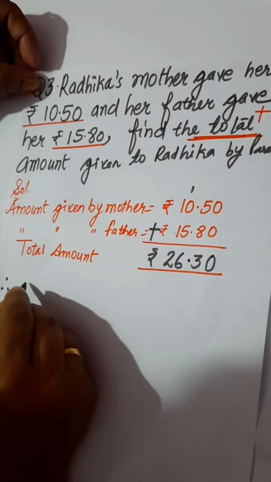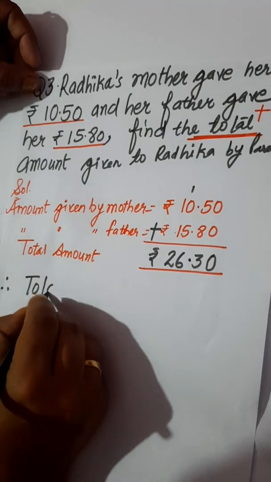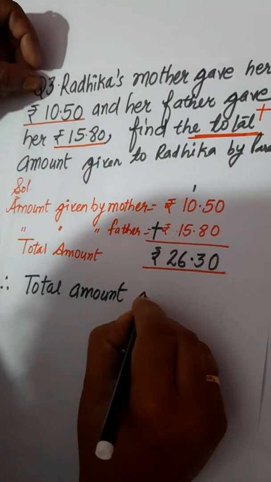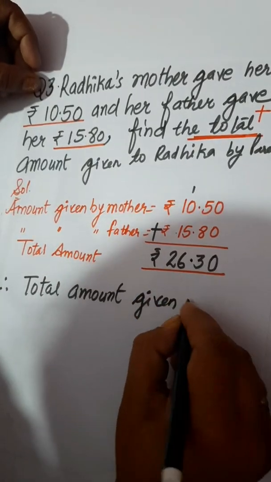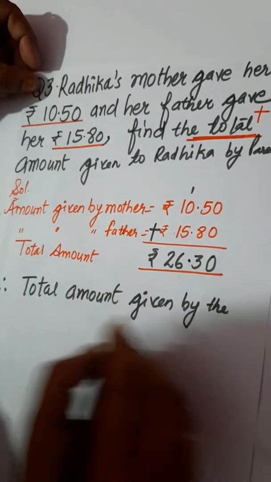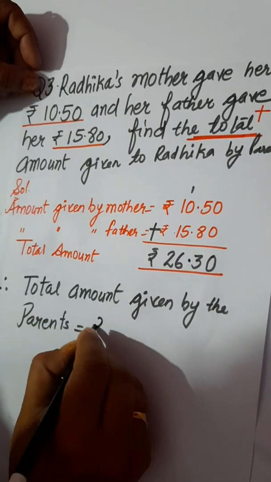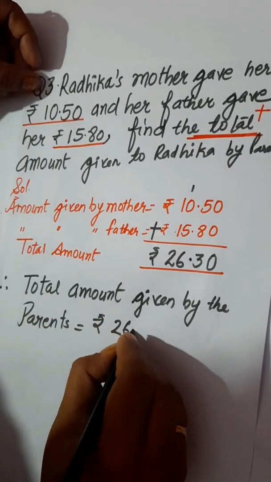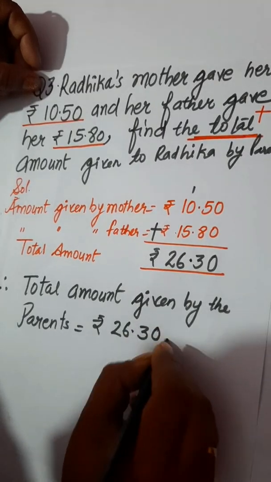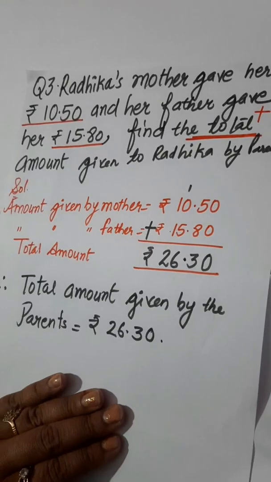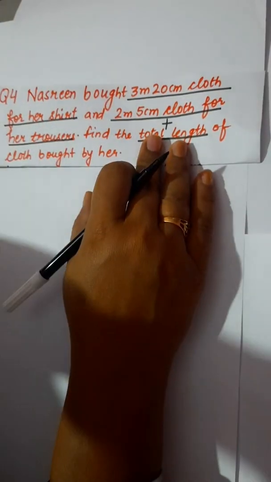So I will write, therefore total amount given by the parents is equal to 26 rupees 30 paise. So this is all about our question number 3. Now next we have question number 4.